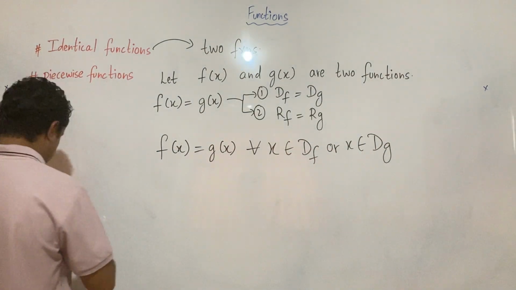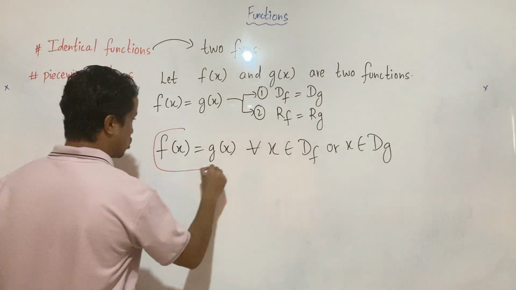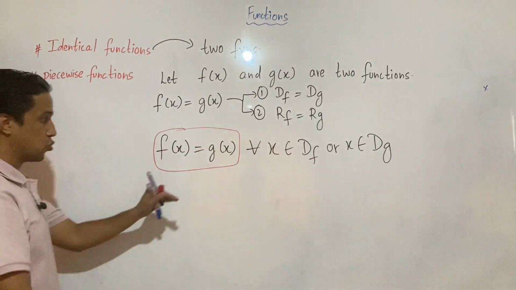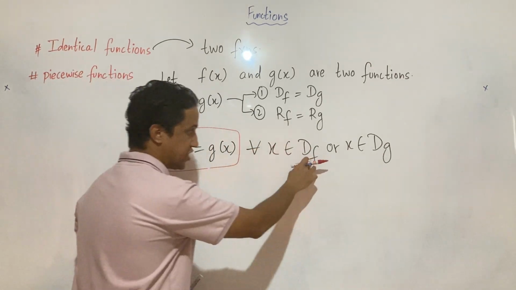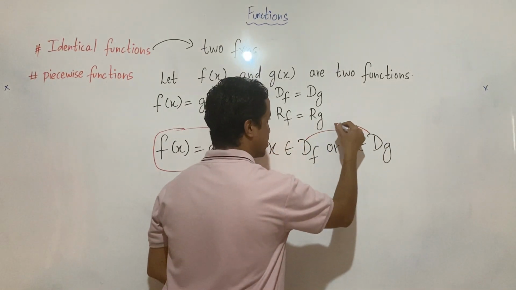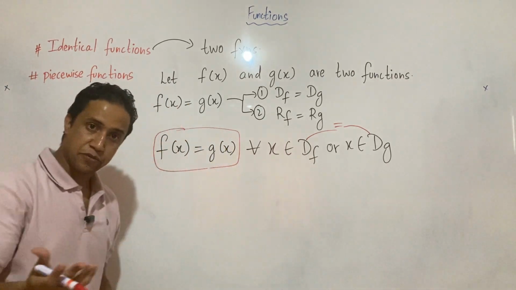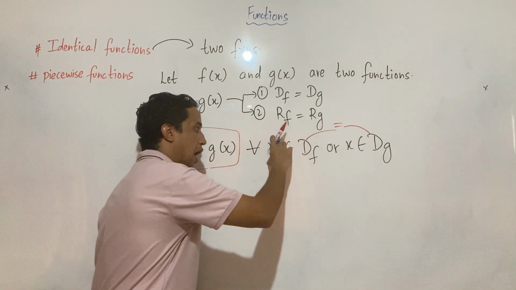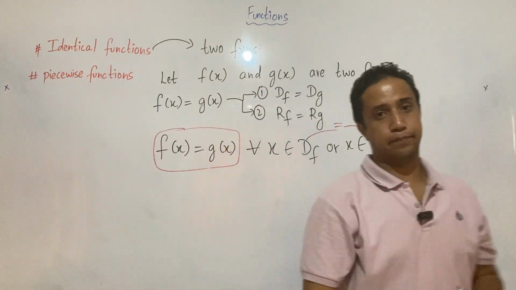So what does it mean? It means that the f function is equal to the g function for all x belonging to Df or x belonging to Dg. Why? Because Dg and Df are the same. So when they are the same, it means that x will satisfy both of them.